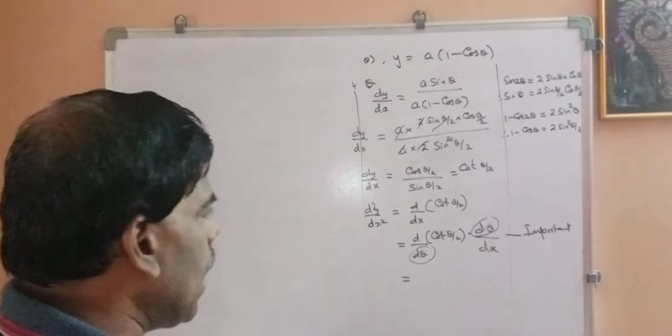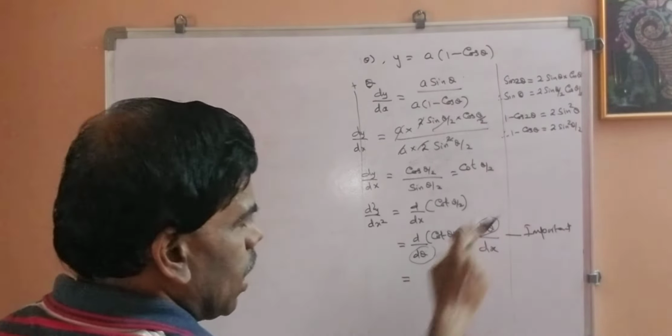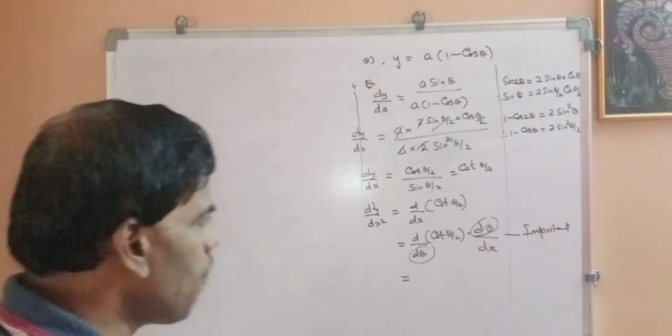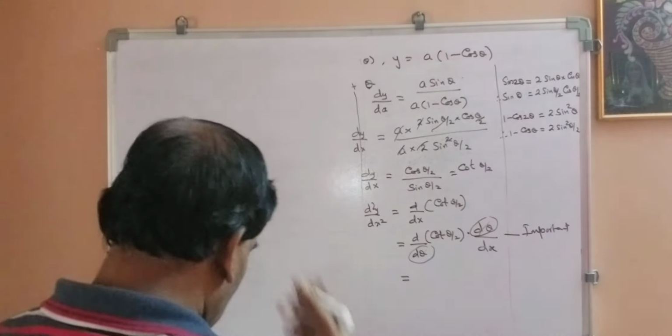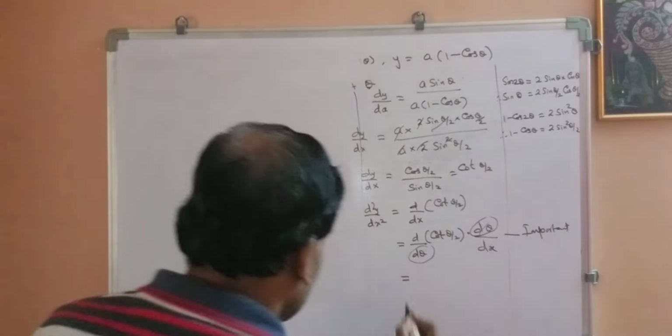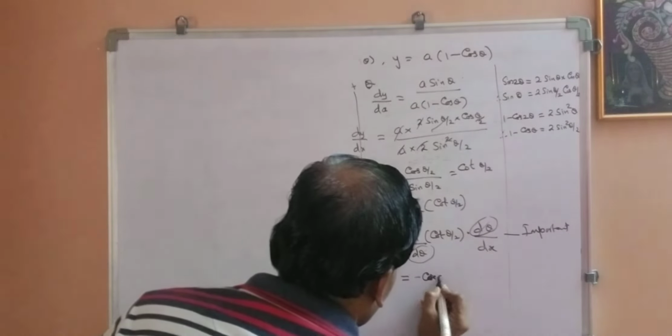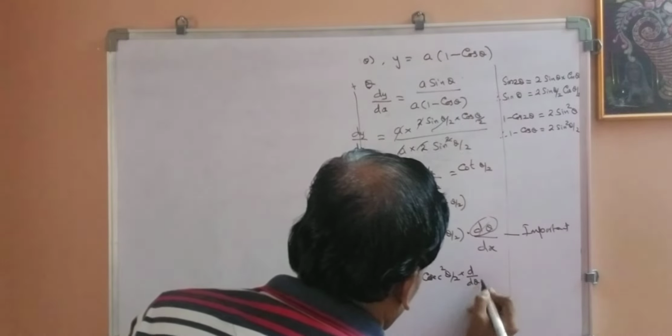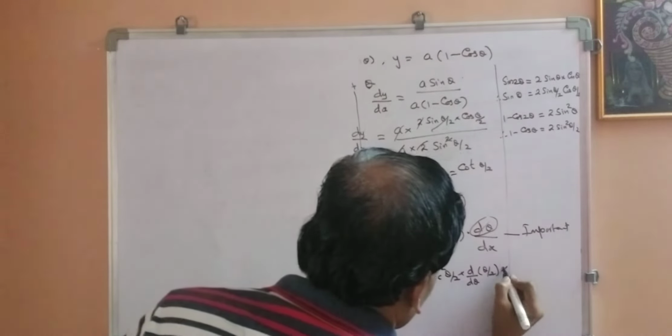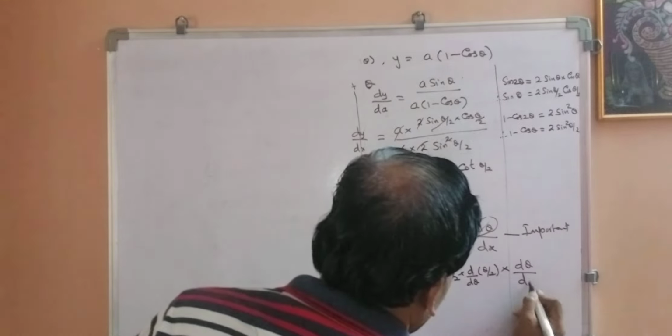But what I did, I introduced d theta, chain rule. Okay. Now, what is the derivative of cot theta by 2 with respect to theta? Minus cosec square theta by 2 into derivative of theta by 2 into d theta by dx.